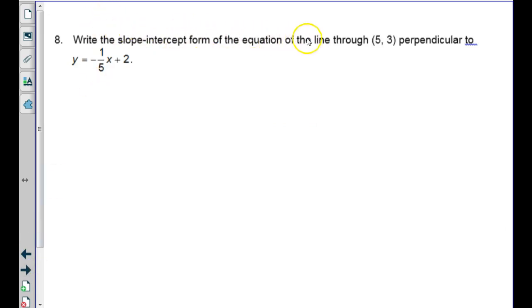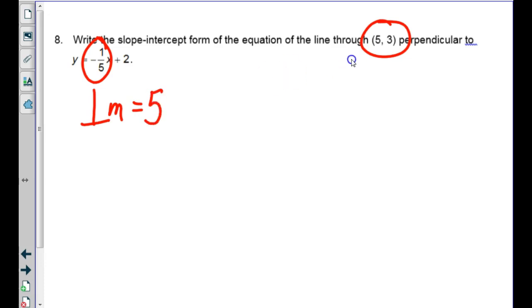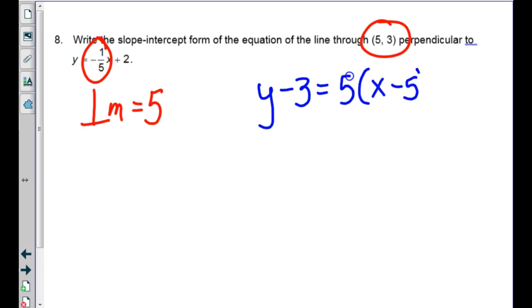Write the slope-intercept form of the equation of a line through this point perpendicular to this. What's perpendicular mean is going to happen to this slope? Flip and change sign, so it becomes positive 5. And then how do you start this? Some of you did it differently, but I taught it with point-slope form.